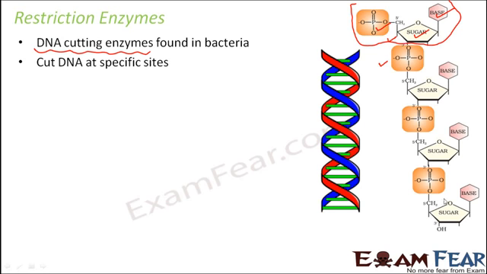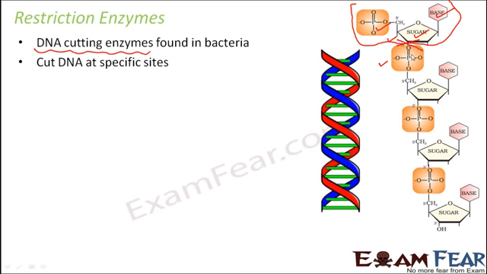Now when I say that a scissor is cutting the DNA, what is that scissor doing? It is basically cleaving, or breaking, the phosphodiester bond. If you break the phosphodiester bond, what will happen? This is the phosphate group of this nucleotide and this is the sugar, and here you have the phosphodiester bond.